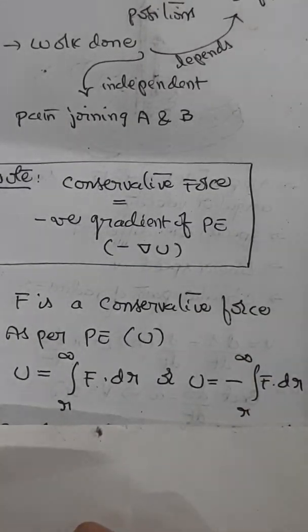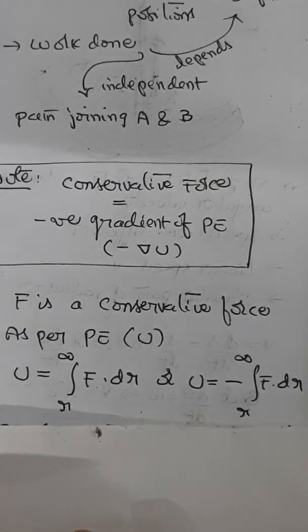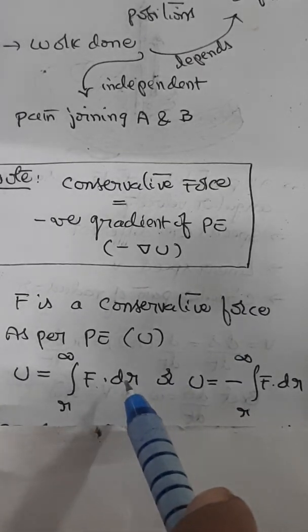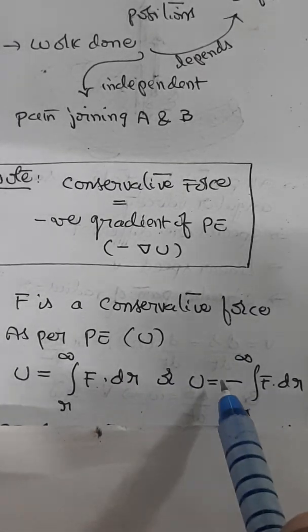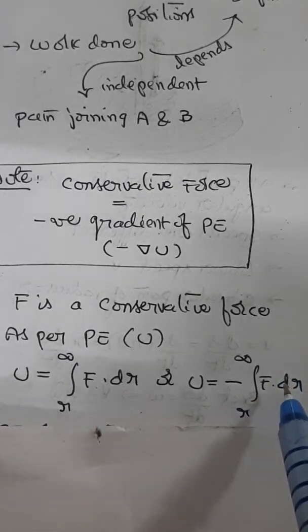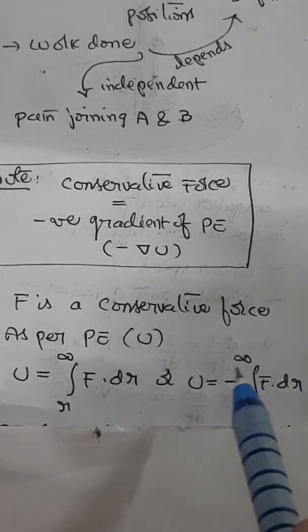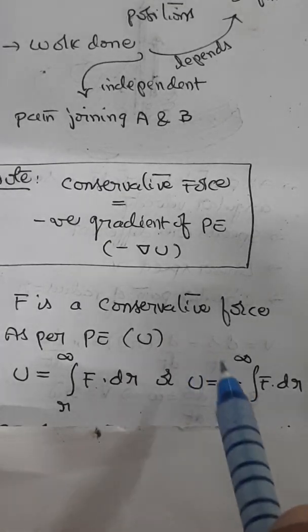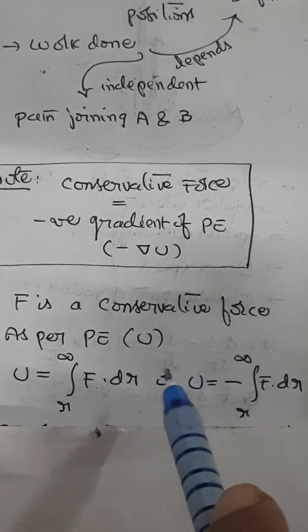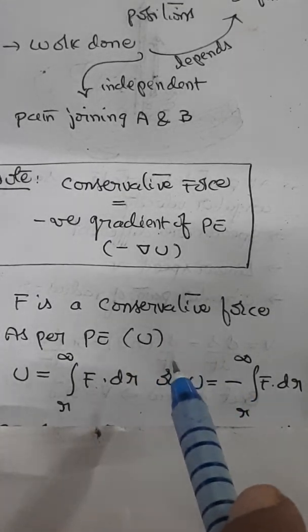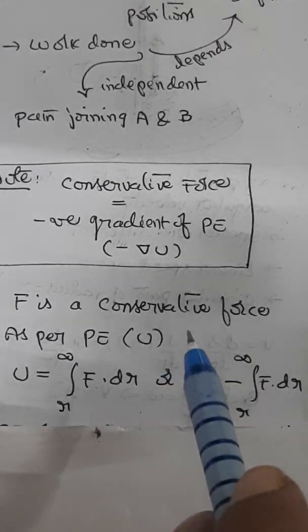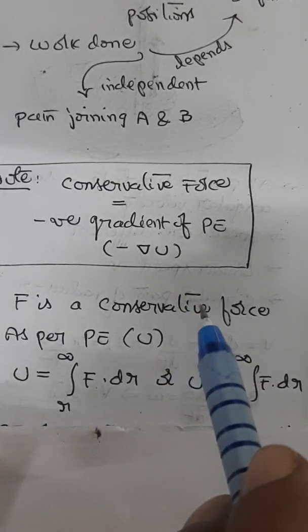Now, when F is conservative, we will express this force F and the term R, since the integral of dr means R only, in terms of their components along x, y, z. If you want to represent in a three-dimensional space, you need to bring the Cartesian coordinates i, j, k.